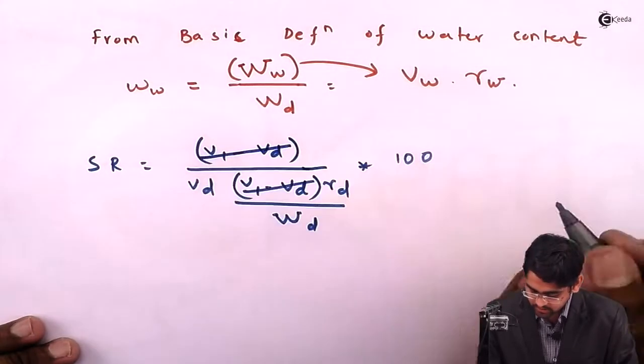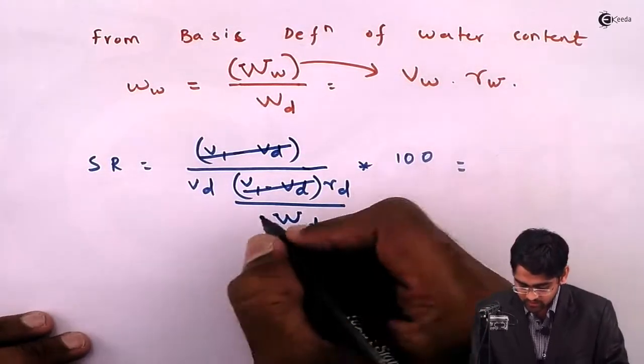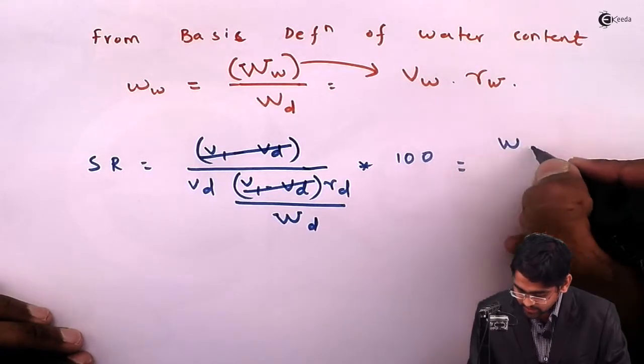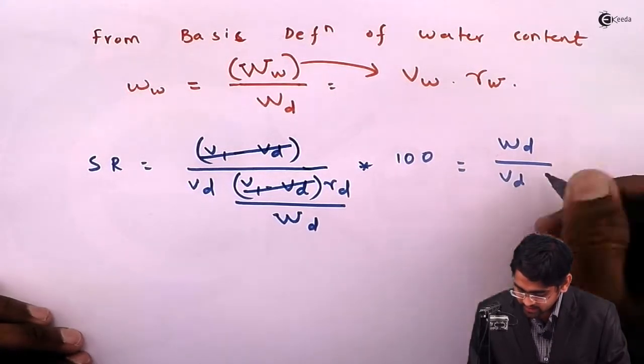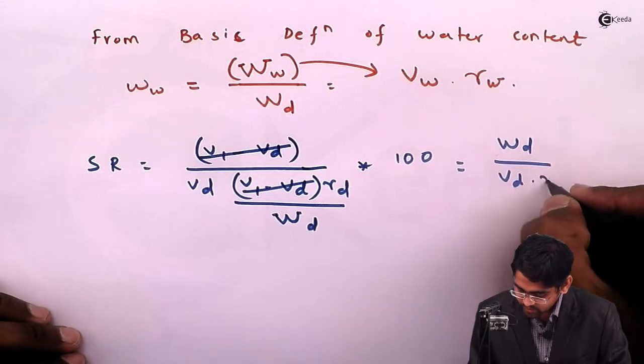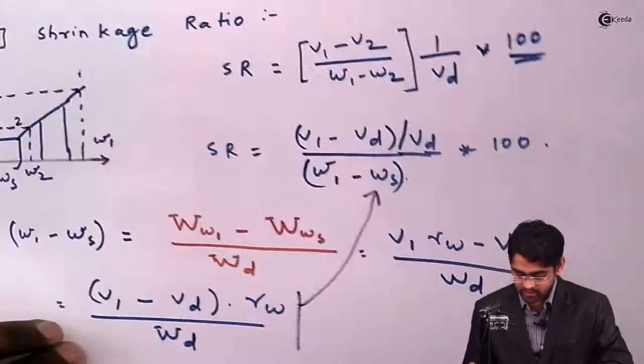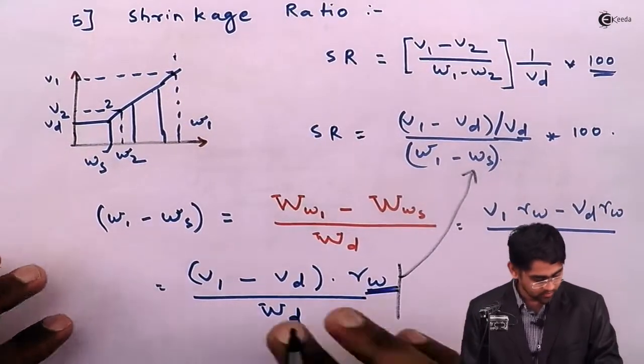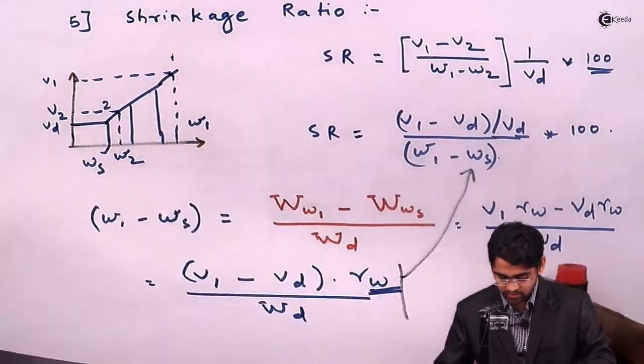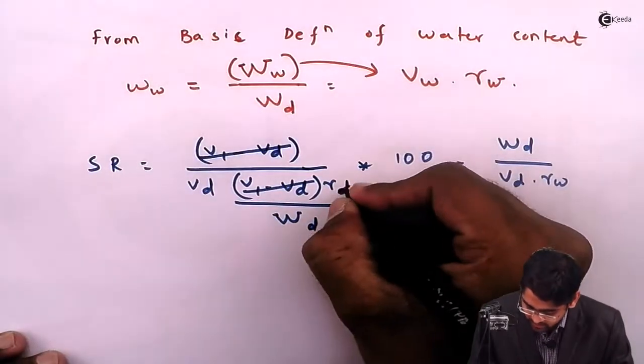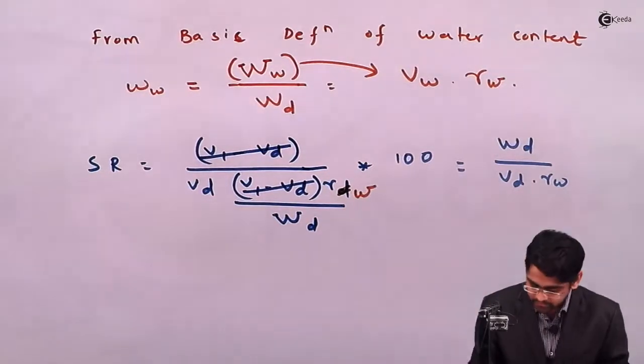So this gets cancelled and we are left with WD divided by Vd into gamma W. Sorry, over here it is gamma W. So at this place rather than gamma D, it's gamma W.